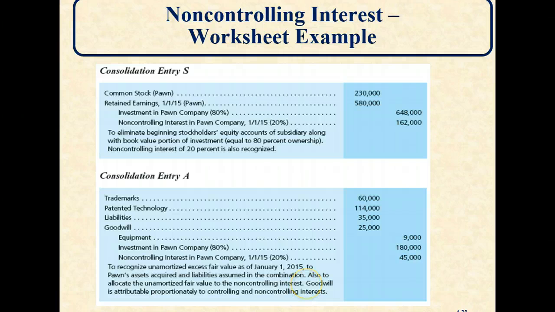So it's very similar to what we've done in the previous chapters. The change here is, instead of applying everything against the parent, we now have to allocate it among the non-controlling piece. Make sense? Kinda? How many of you have I lost? Kinda? Okay.